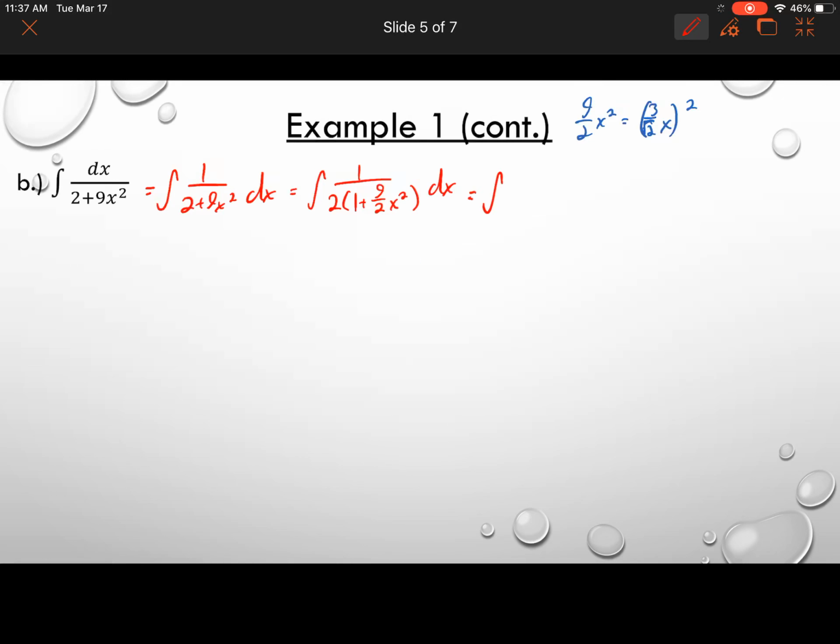So we're going to have now the integral of 1 over 2 quantity 1 plus parentheses 3 over radical 2 x squared, close parentheses.